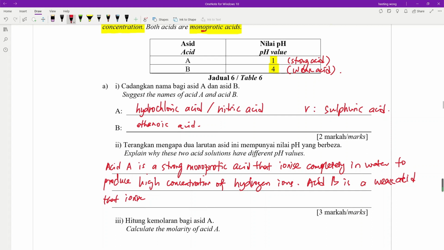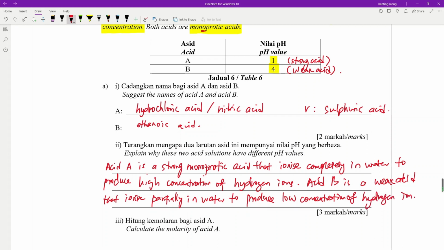in water to produce a low concentration of hydrogen ions.